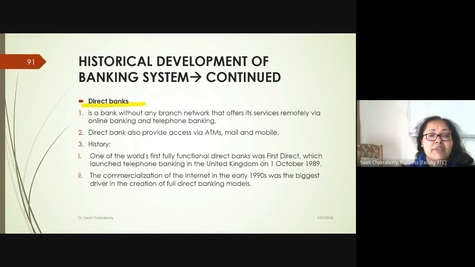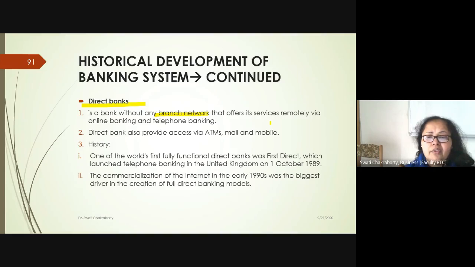Next is direct banks. It's a bank without any branch network that offers its services remotely. Right? It does not have any branch network. It works through online banking and telephone banking. A direct bank can also provide access via ATMs, mobile, mail, right?